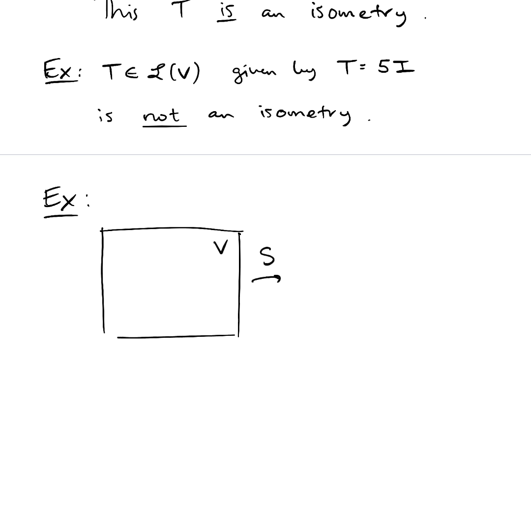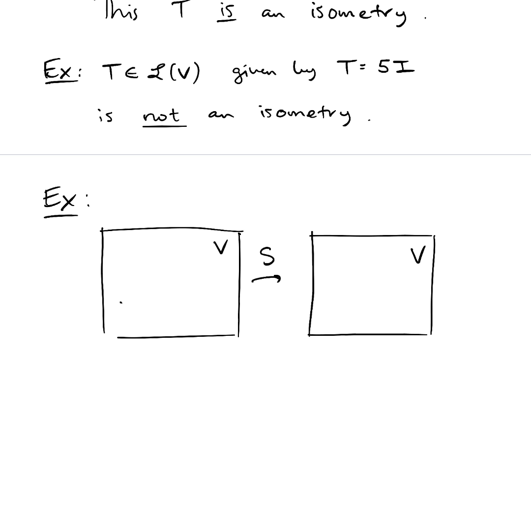We're going to define S in a really concrete way so as to force it to be an isometry. So if you're ever trying to cook up an isometry, you can always cook one up according to this example.